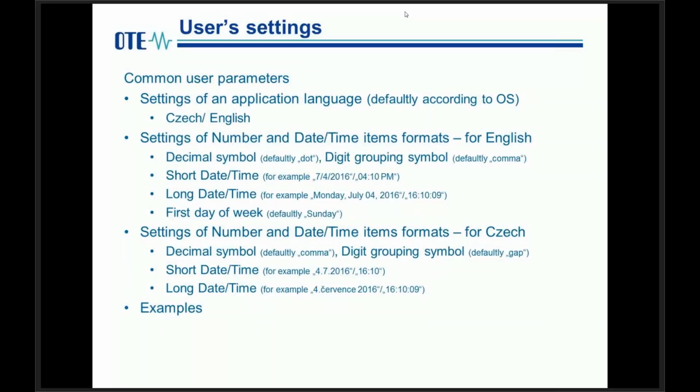The user settings are possible and available for all logged-in participants. There are 3 tabs you can use. On the first tab, you set general settings, general parameters. The first parameter is the language of the application. The default settings are taken over from the operating system on which the application is running.